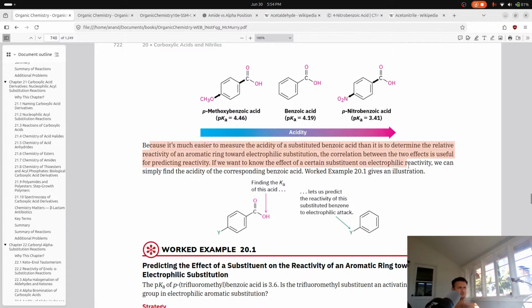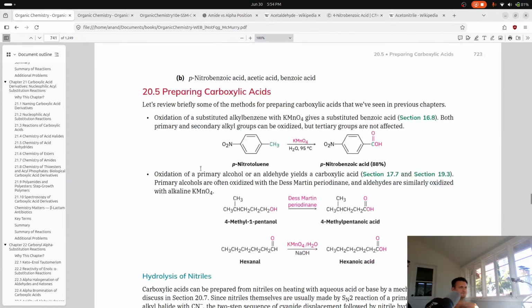The correlation between the two effects is useful for predicting reactivity. If we want to know the effect of a certain substituent on electrophilic substitution, we can simply find the acidity of the corresponding benzoic acid. All right, that's cool.